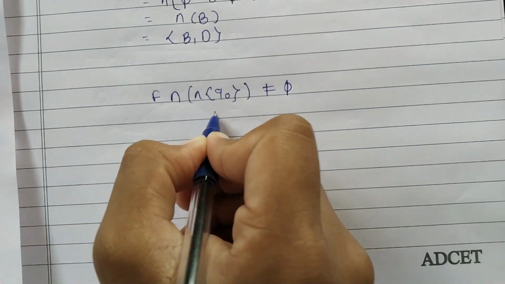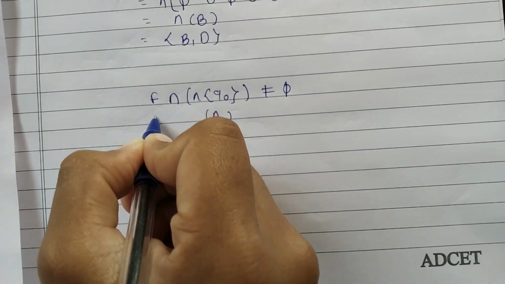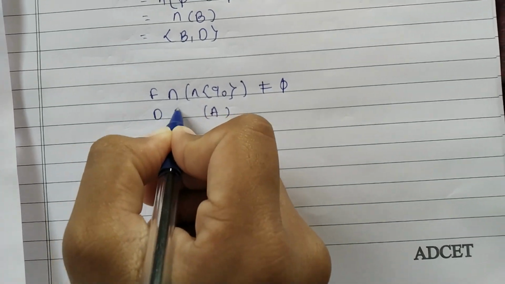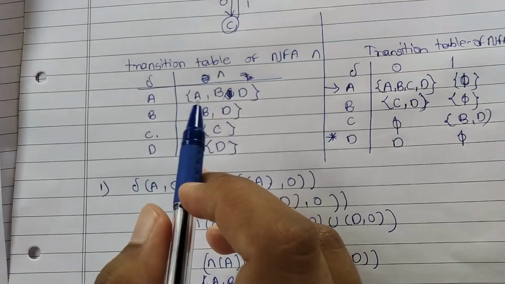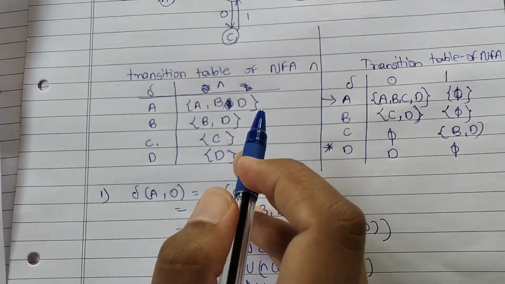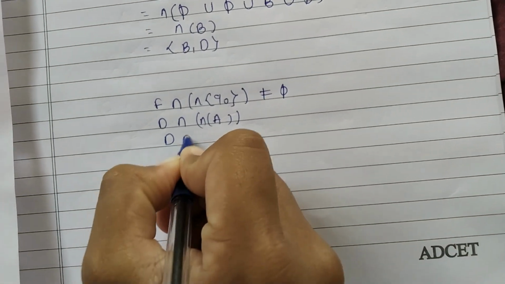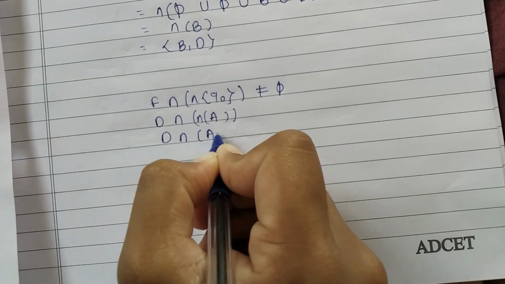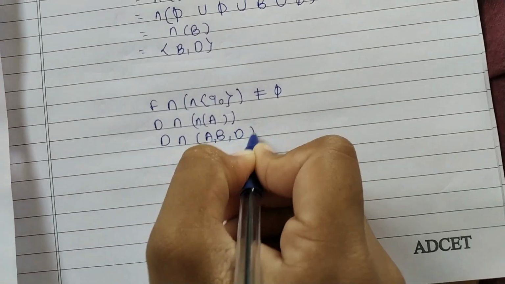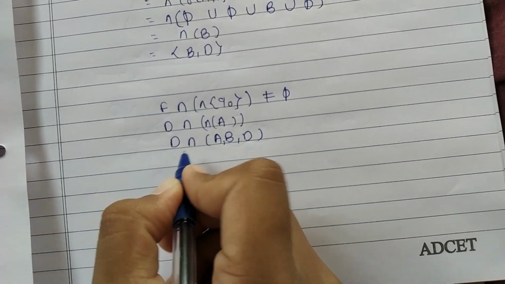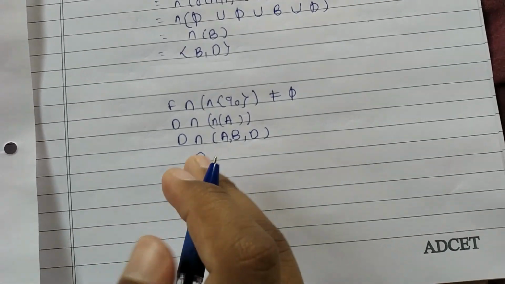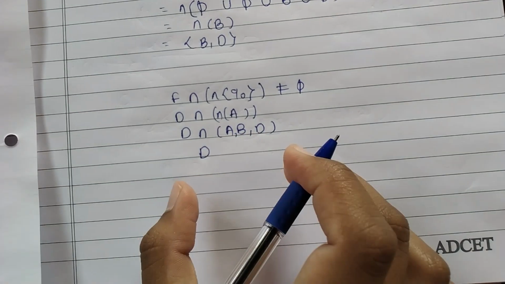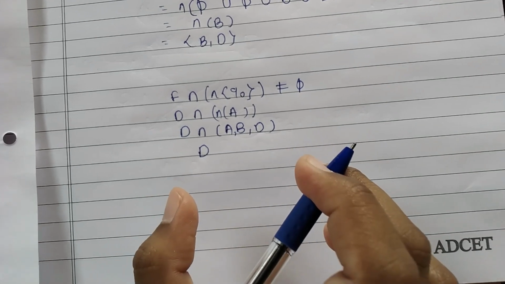So the initial state is A, the final state is D, union null of A. So null of A, as we know, is ABD. So D intersection ABD. Intersection means we put the common value. So D is the common. So it is not equal to phi. So A is also our acceptance state.